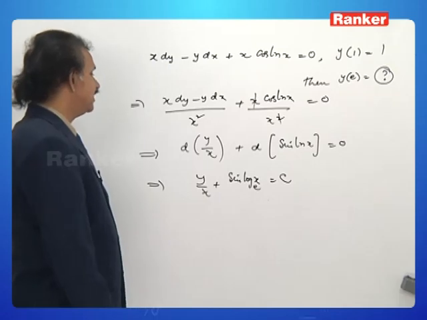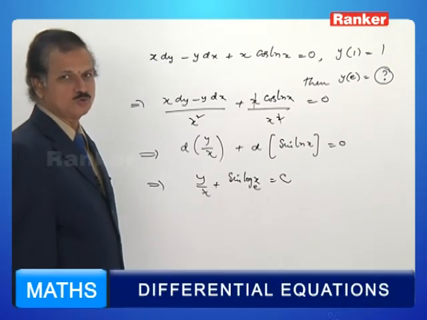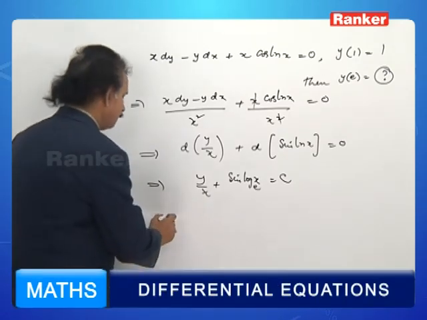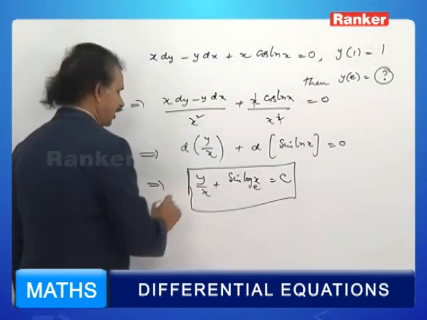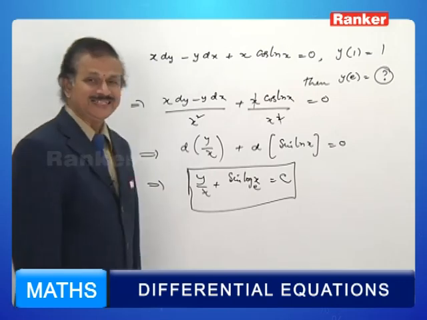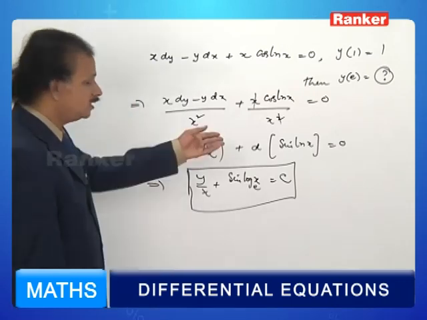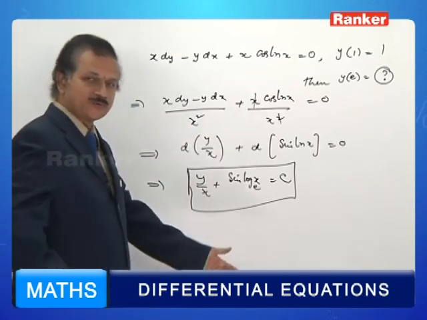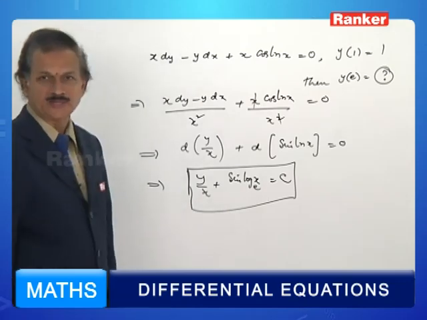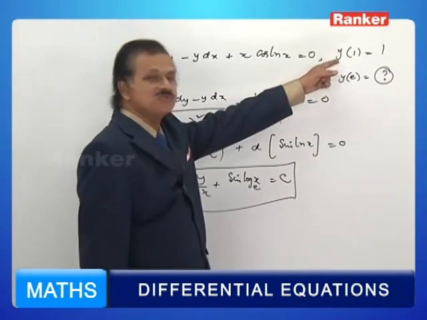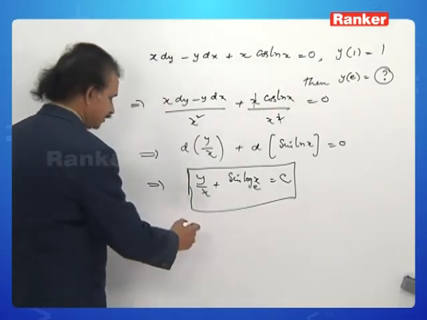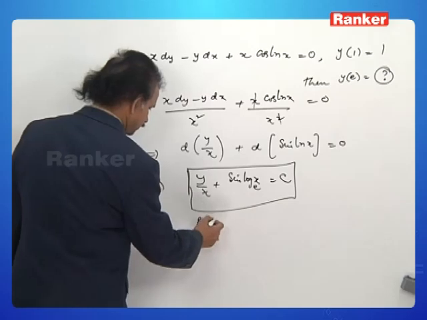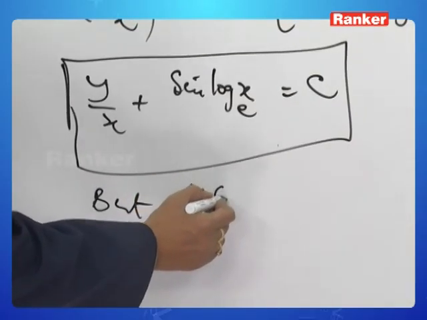One more thing he has given us: it passes through (1, 1). This is the general solution, but in it C is not known. We are to get C by making use of this information, y(1) = 1.